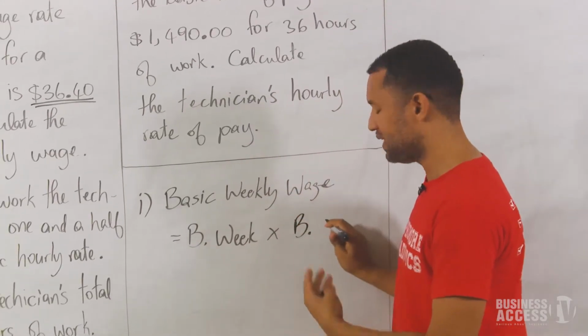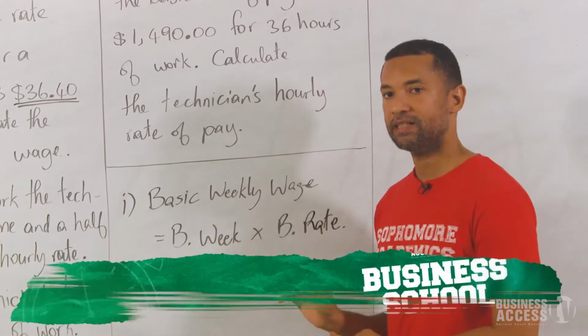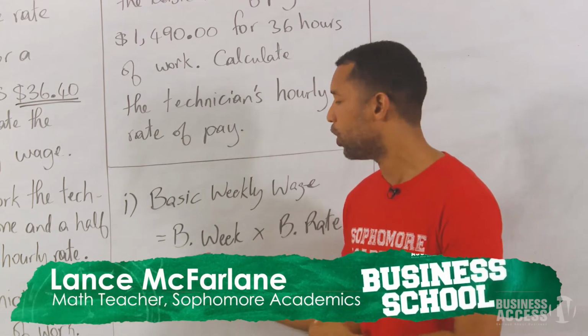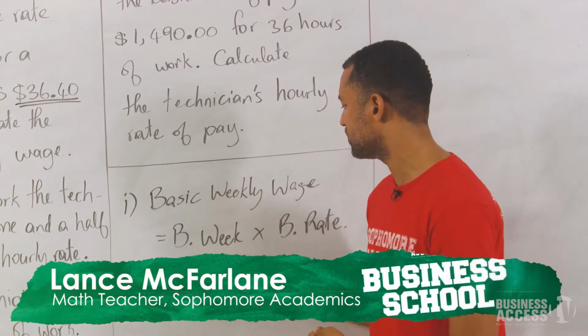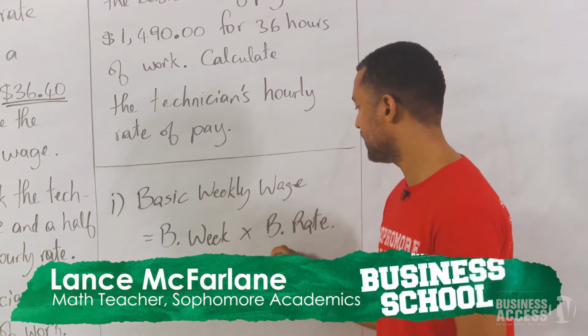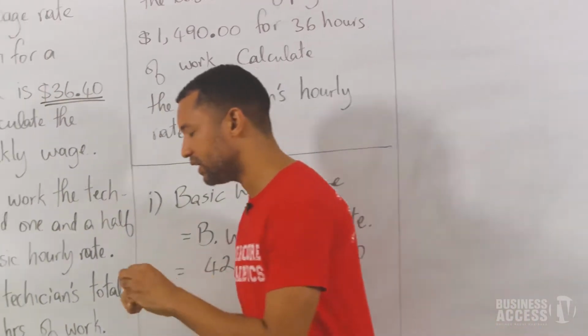B again means basic, so we have the basic rate. The basic week they gave us is a 42-hour week, so that's 42 hours. Let me leave out the units for now, and the rate is $36.40. You're going to need your calculators.